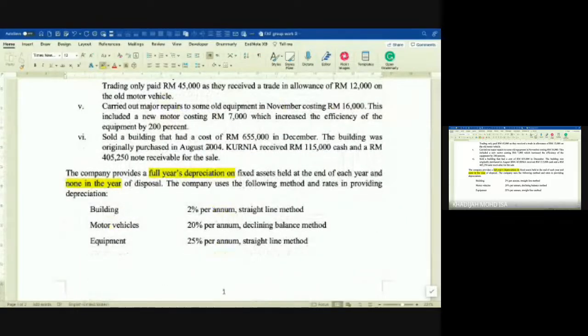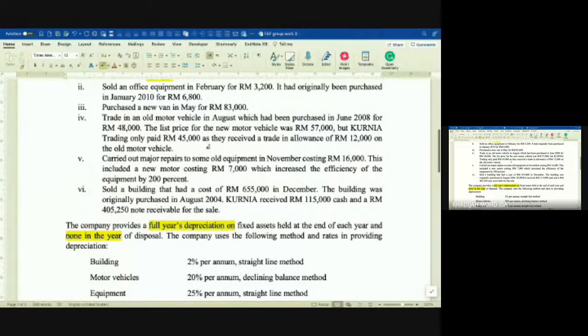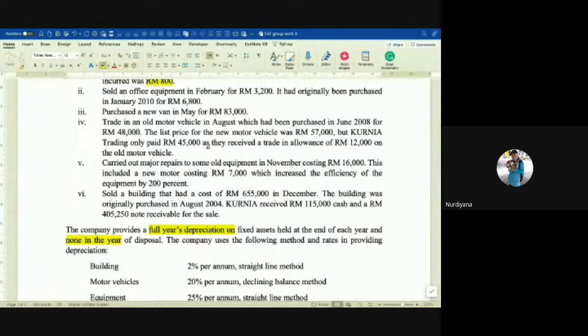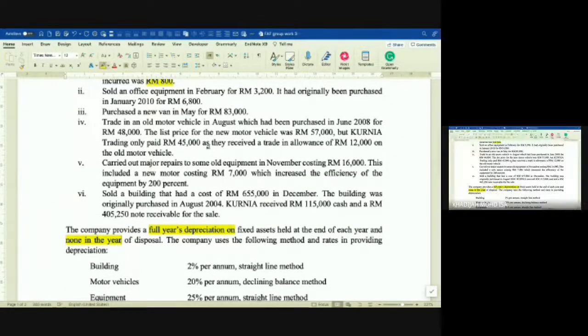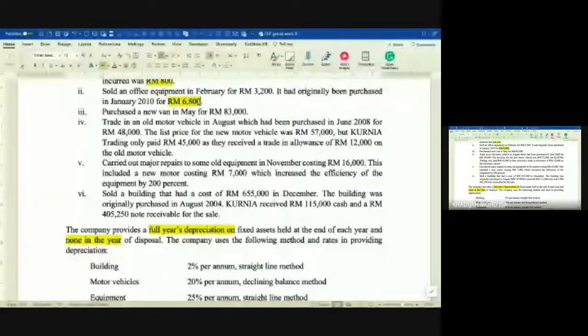It's 25% per annum, straight line basis. Wait, just a minute. Cost is 6,800, 25% per annum for 4 years.